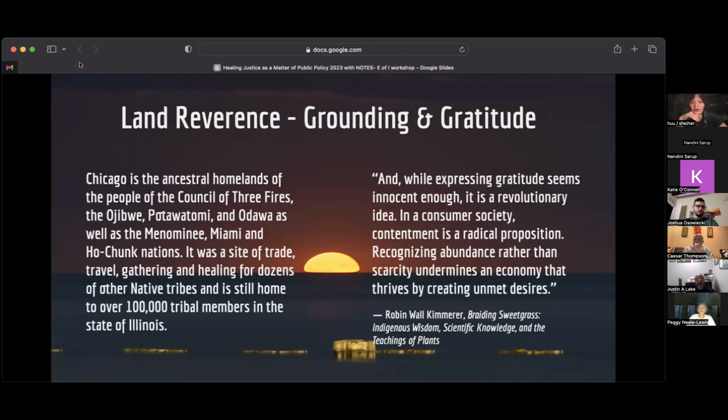Recognizing abundance rather than scarcity undermines an economy that thrives by creating unmet desires." And I would add that this economy, I would name that it's a racial capitalist, right, market economy that we're in. And so I want us to think about this quote, because there are things in it that I'll be referring back to, as you'll see throughout this workshop.